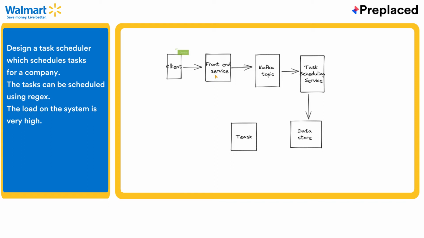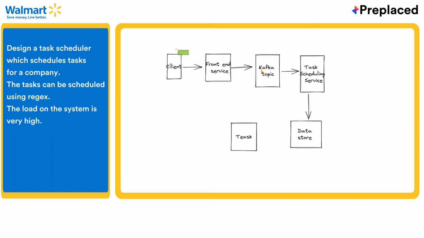But I'm just thinking, would it fit here? Do we actually need it or not? Because if any client is asking for scheduling a task, there need not be a priority. Right? So it will always be at a high priority. Everyone wants their task to be executed at the mentioned time.